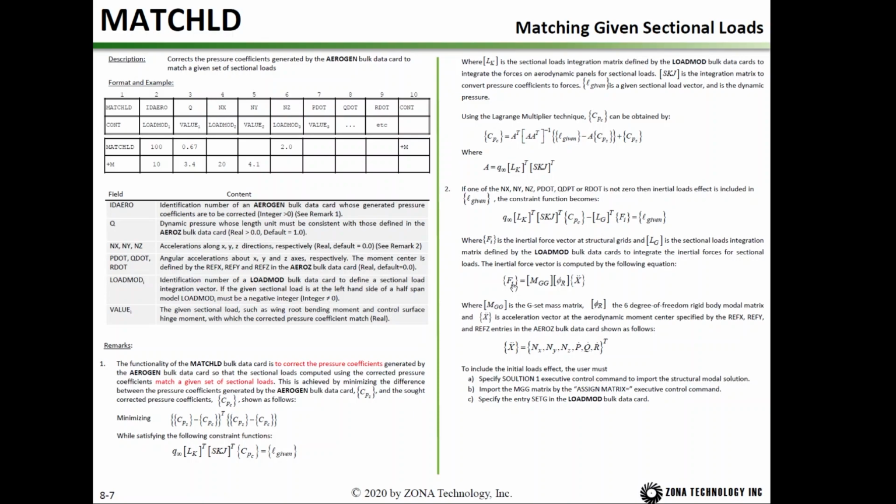Then the structural grid point forces are multiplied by a load integration matrix. This will give you the component inertial loads, and the difference between the aerodynamic and inertial loads is forced to match the given component loads.